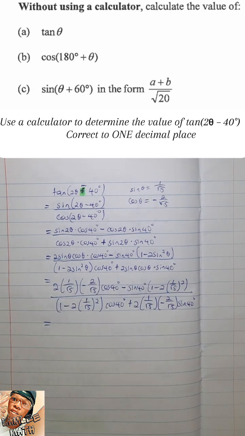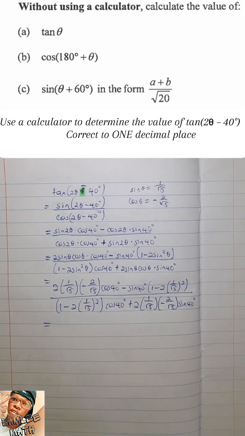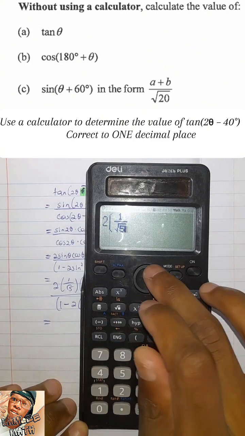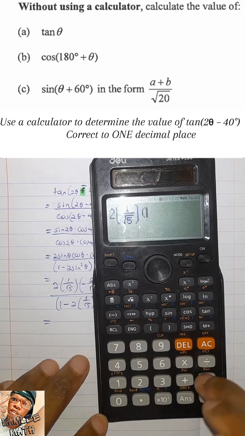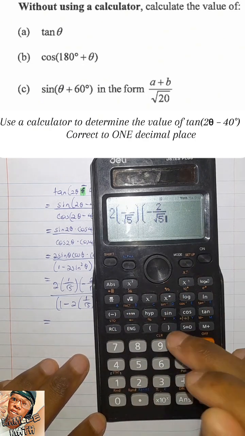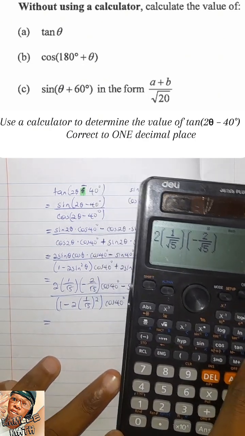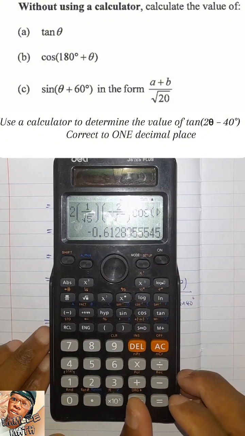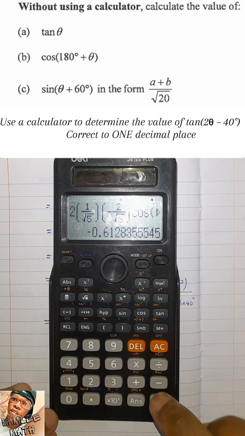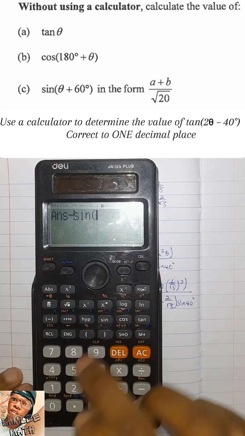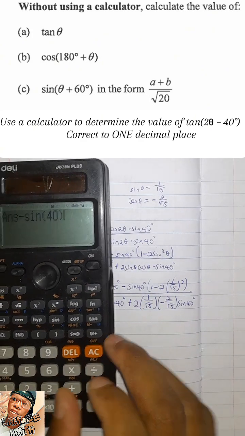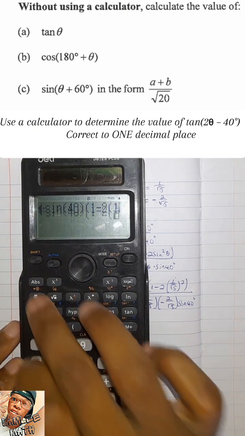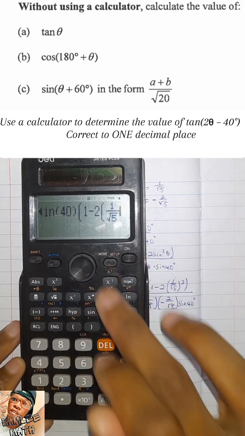So from here, we just press the calculator. Pressing our calculator, we're going to get 2 multiplied by 1 over root 5 multiplied by negative 2 over root 5 multiplied by cos 40, right? We're going to get an answer. Then that answer minus sine 40 multiplied by 1 minus 2 multiplied by 1 over root 5 squared.